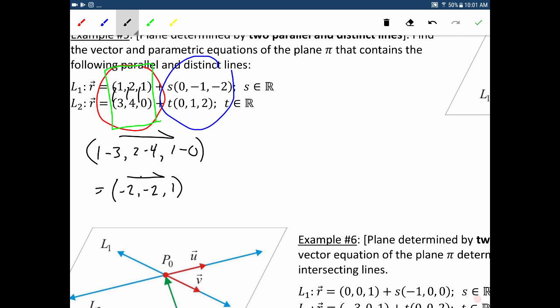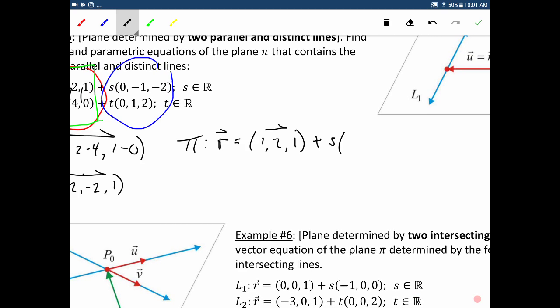So now I can just say, all right, so pi is r equal to, and we use our first point, and again, it doesn't matter which one you use. I'll use the 1, 2, 1. Okay? And then I say plus s, and I use one of those two. I'll use the one with the positive numbers just because I like positive numbers. I am an optimist after all.